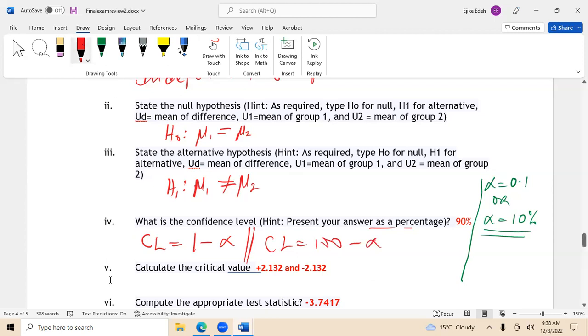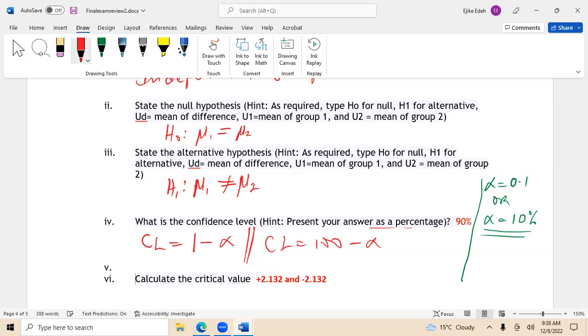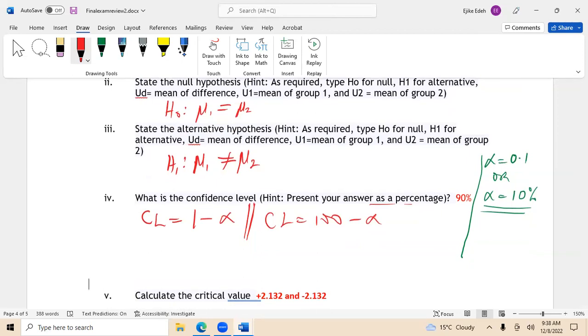So let's see how we do. Okay, so in this question, we are given alpha as 0.1 as a decimal. So we're using the first one. So confidence level here is 1 minus 0.1, right? And that gives us 0.9, but your answer is supposed to be reported in percentage.